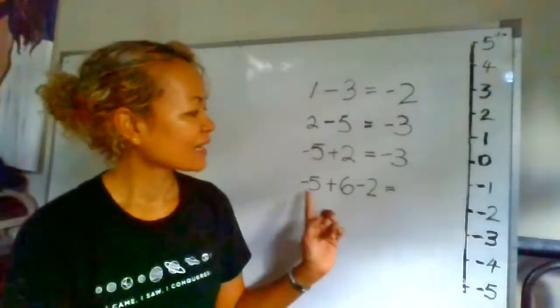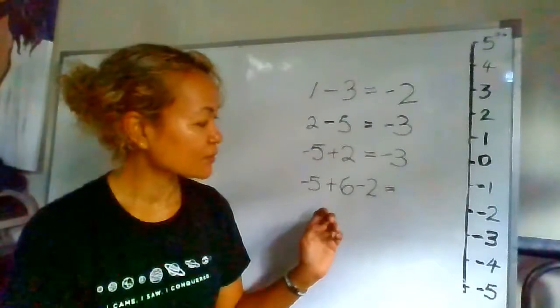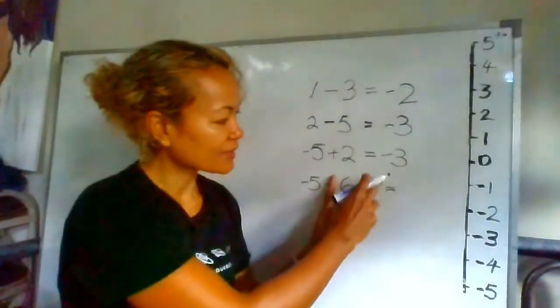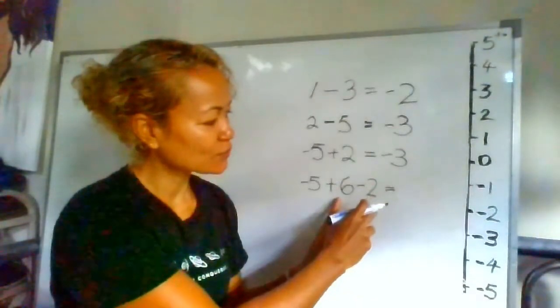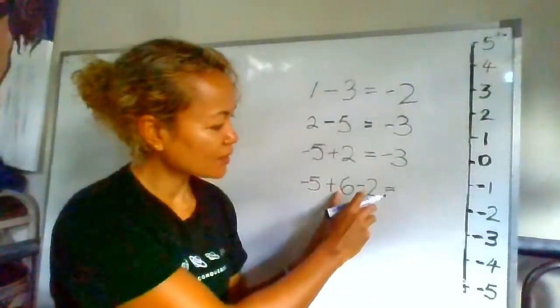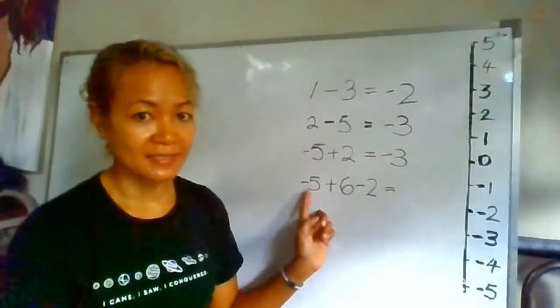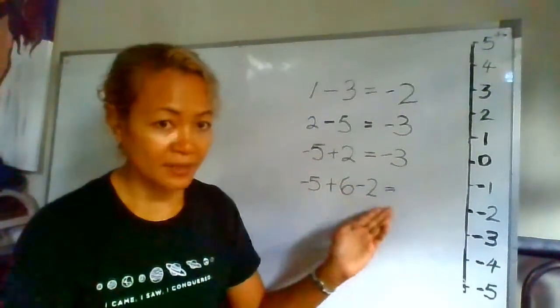Okay. There are two ways we can do this. We can go one at a time, or we can simplify it. So we can take these two, make it just one number, and then start at 5 and move according to that answer. But we'll go one number at a time, okay?